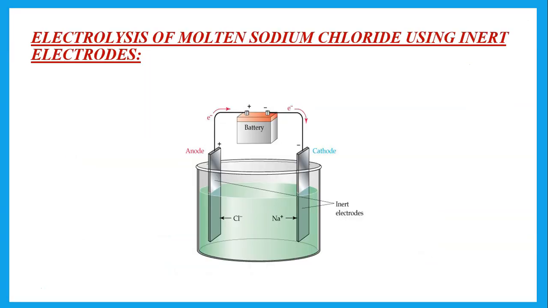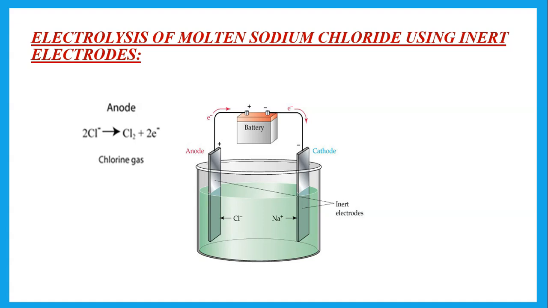If we do electrolysis of molten sodium chloride, first of all, you should know that in sodium chloride, the first one is always a positive ion and the second one is a negative ion. So I have in my electrolyte Na+ and Cl-. We said the negative ion goes to the positive electrode, so the chloride will go to the anode.